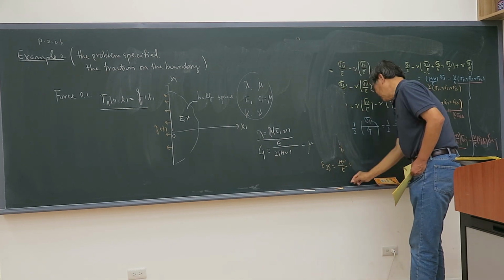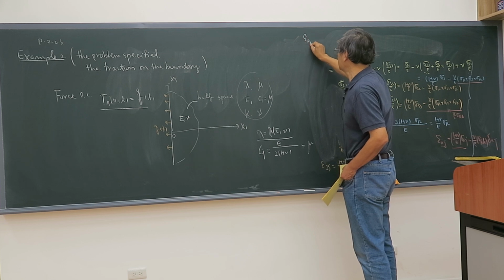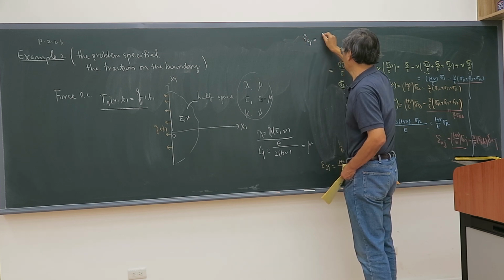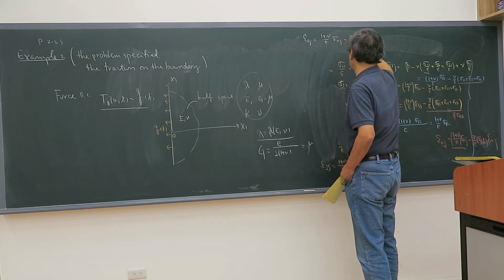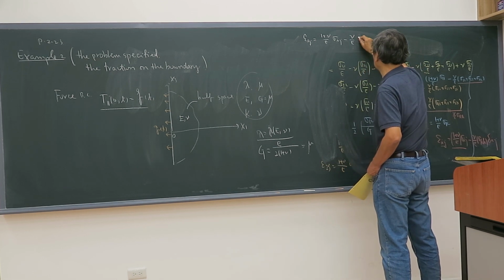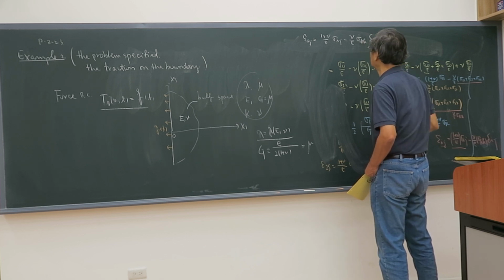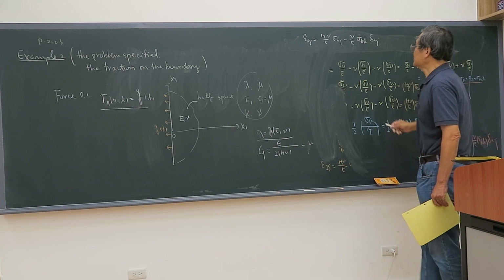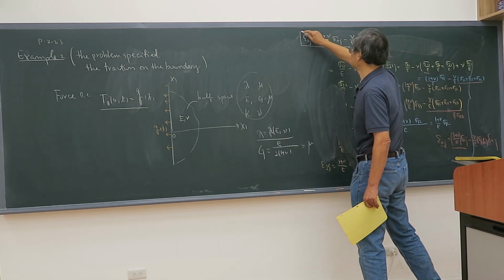All right. So this is the relationship. So we can have epsilon ij equal to 1 plus nu over E sigma ij minus nu over E sigma kk delta ij. Okay? So this is what I wanted to show you first.